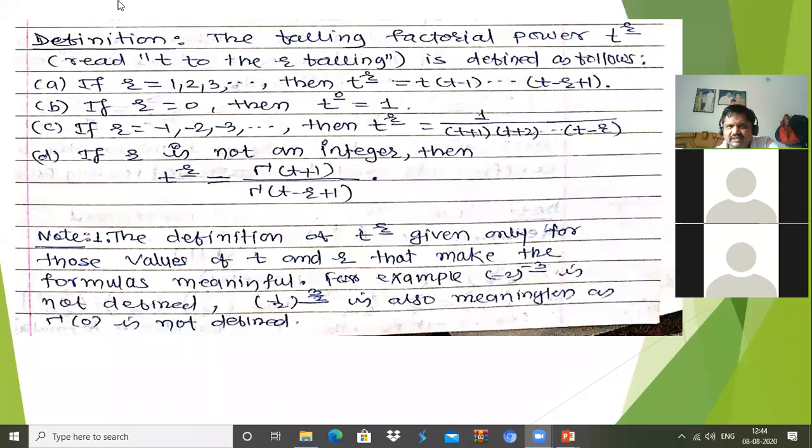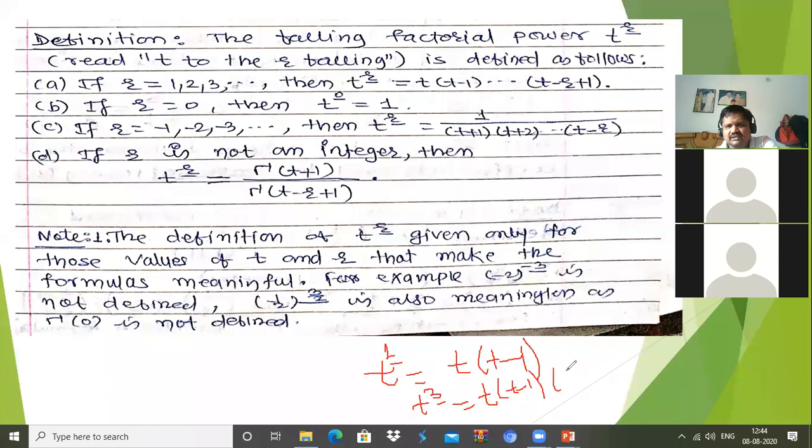For example, if I want to find t to the falling 2, by using that definition, what should it be? It is equal to t into t minus 1 only. That means take the decreasing t's multiplication 2 times simply. t to the falling 3 is equal to t into t minus 1 into t minus 2.